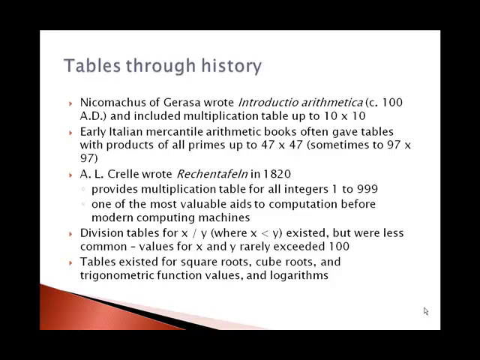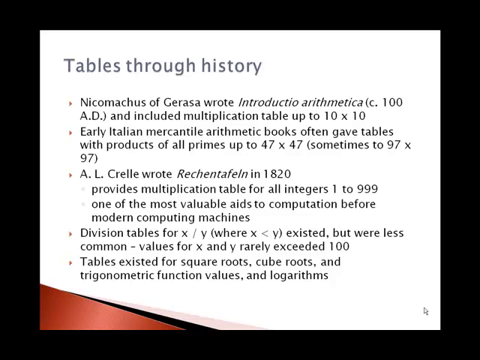And possibly to find a product that was not prime, they would use the prime factorization. A mathematician named Crelle wrote a very influential book in 1820 in which he provided a multiplication table for all integers between 1 and 999. And that is one of the most valuable aids in computation before computers and modern computing machines were invented.